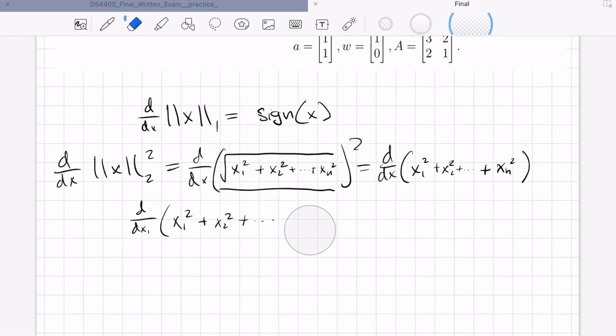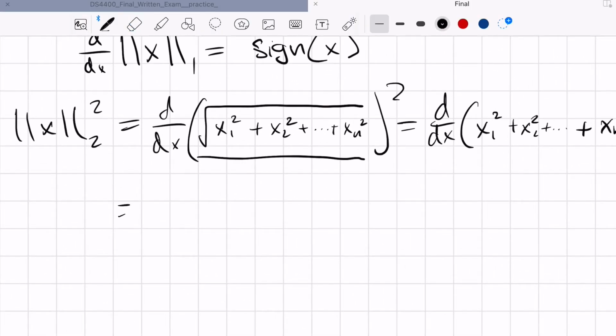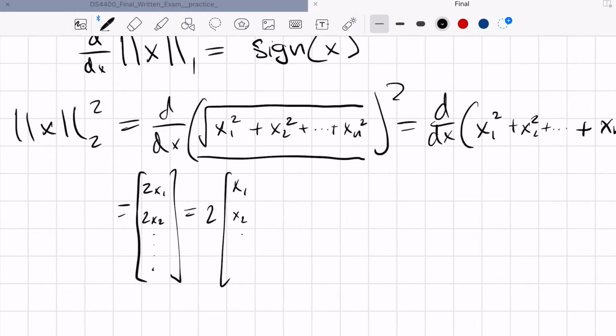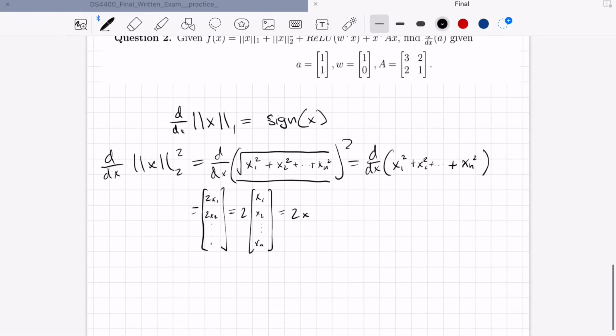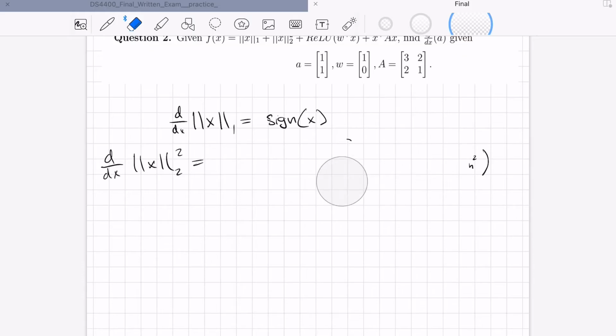So for the whole vector, the derivative with respect to x1 becomes 2x1, with respect to x2 it becomes 2x2, dot dot dot, which is just equal to 2 times the vector x1, x2, dot dot dot, xn, which is just 2x. So that's the derivative. Super simple. Bam, we've just done half of the derivatives. Easy peasy.